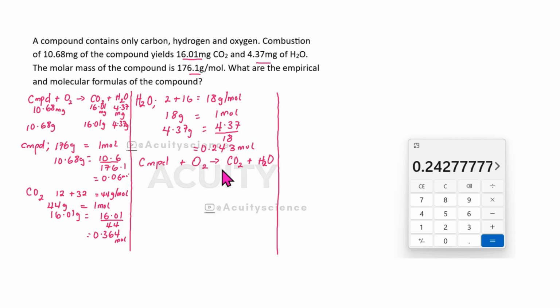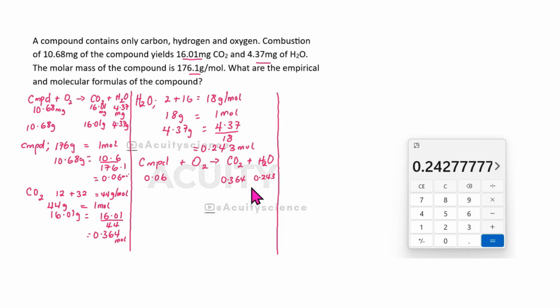The compound was involved as 0.06 mole, carbon dioxide is 0.364, and water is 0.243.